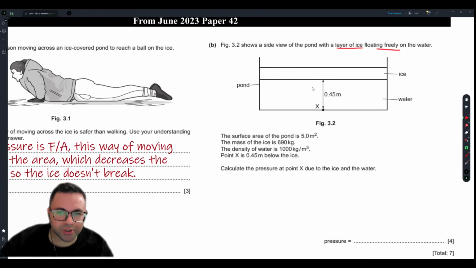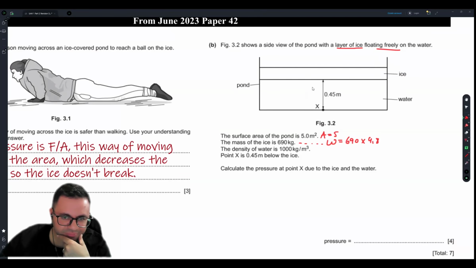The surface area of the pond is 5. The mass of the ice is 690. With the mass of the ice, I can get the weight of the ice, which is 690 times 9.8. The density of the water is 1,000. Point X is 0.45 meters below the ice. That's the height.